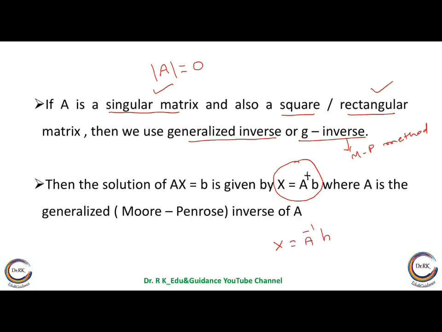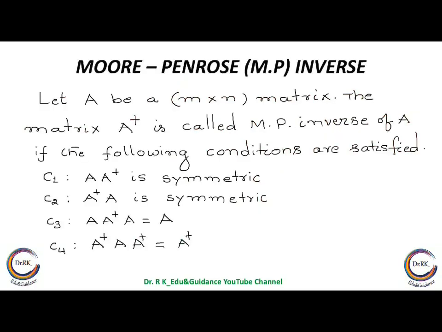So here in this case, we denote it as x equal to A plus B, where A plus is the generalized inverse or MP inverse of the matrix. Okay. Now we see how to find it. Before discussing the procedure to find the MP inverse, we'll see some of the definitions, right?